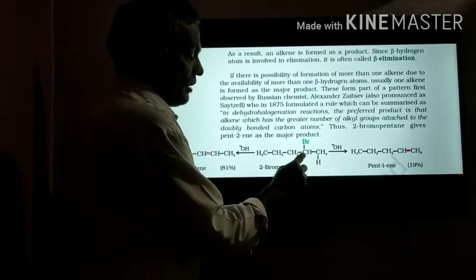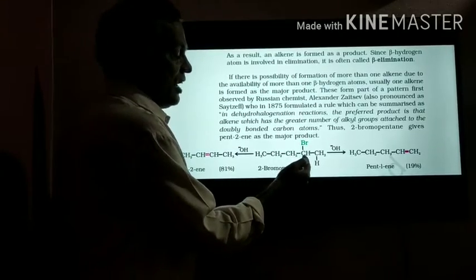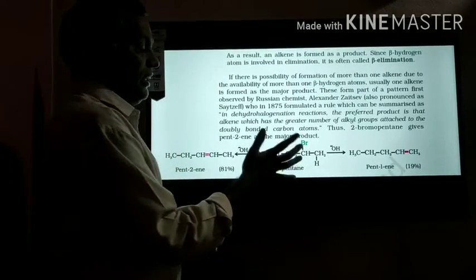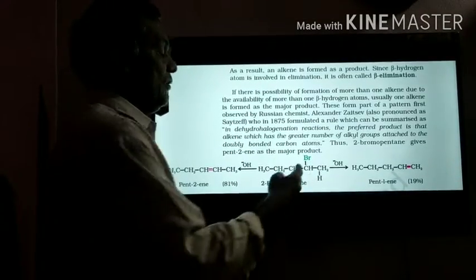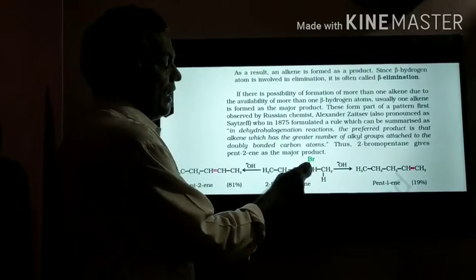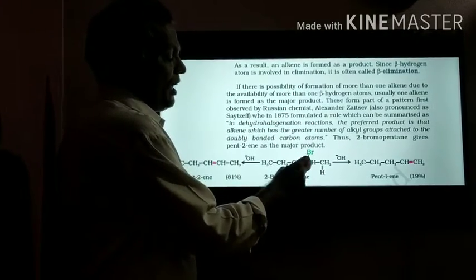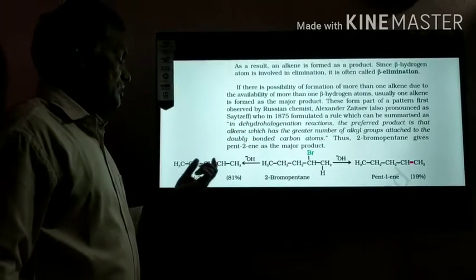This is the alpha carbon atom and this is the beta carbon atom. This side also we can take it: if this is alpha, then this will be the beta. That means there is a possibility of elimination of the hydrogen atom from the beta carbon atom and the bromine halogen atom from the alpha carbon atom. So this possibility is there, and this also.